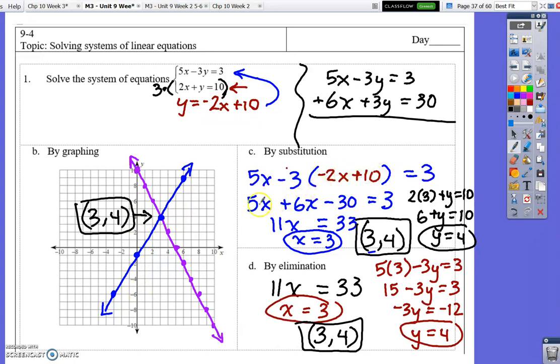By substitution, I finished this problem. X was 3. I went back, I plugged into the second equation for this one and found y is 4. For elimination, I found x was 3, and I went, for variety's sake, into the first equation and found that y was 4. And so either way, the answer is 3, 4, and it's not that big of a deal.